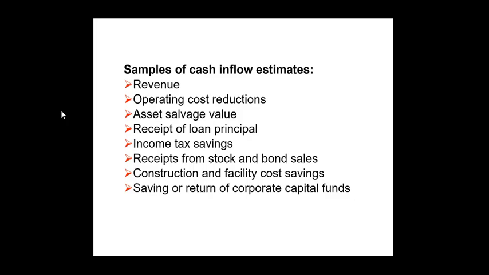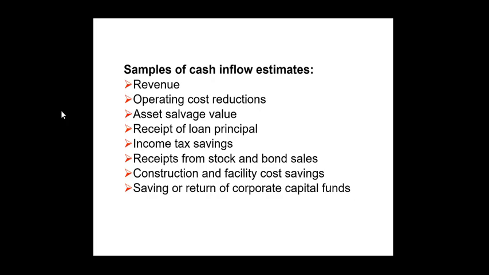And here are samples of cash inflow estimates. The contents of the cash flows of a project depend on the features of the project. For example, the contents of cash flows of a real estate project are different from a manufacturing project.